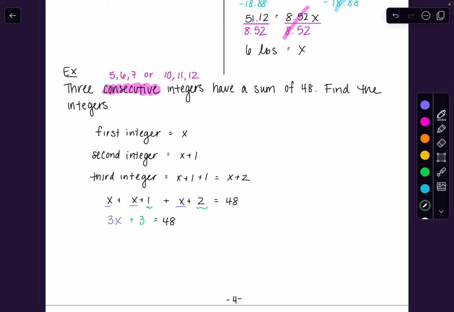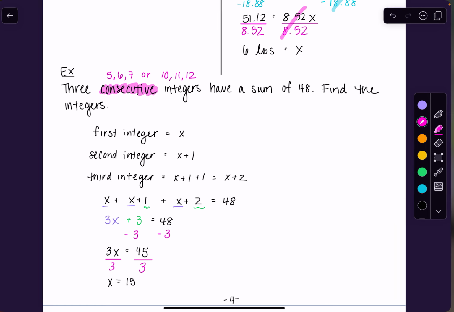So solving for x gives us the first integer, which I can then use to find all of the others. So to get x on its own, we go ahead and subtract 3. And that gives us 3x is equal to 45. And then we go ahead and divide by 3 to give us that the first value or the first integer is 15.